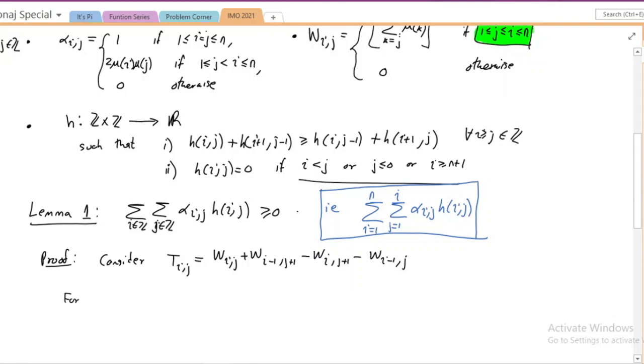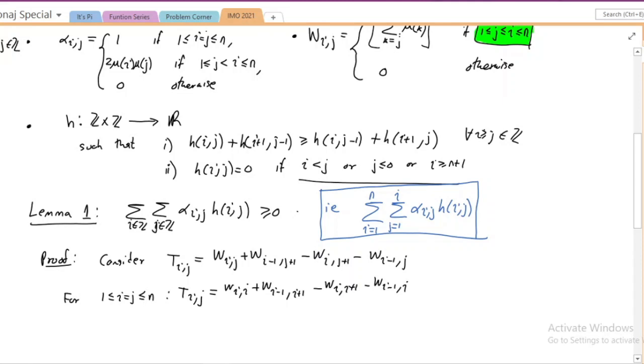So for 1 ≤ i = j ≤ n, looking at the categories for alpha_ij. For this first category, T_ij, where j is i now, would simply be W_ii plus W_{i-1,i+1} minus W_{i,i+1} minus W_{i-1,i}.